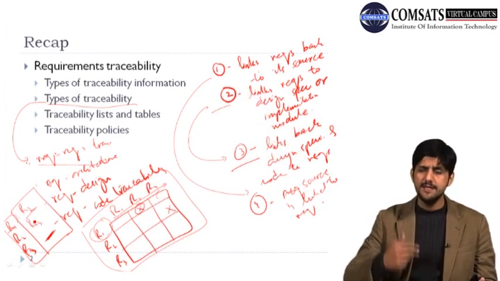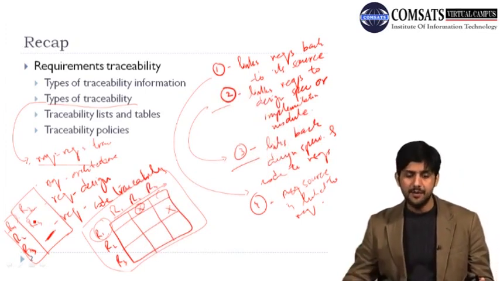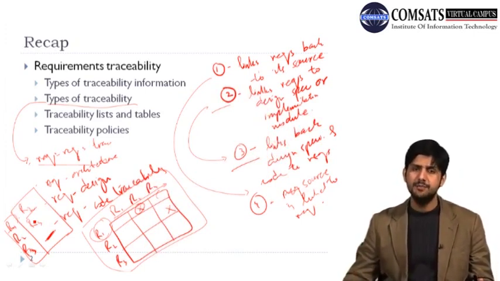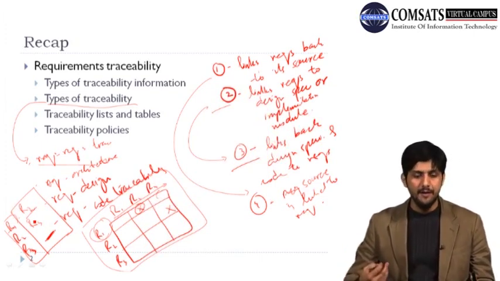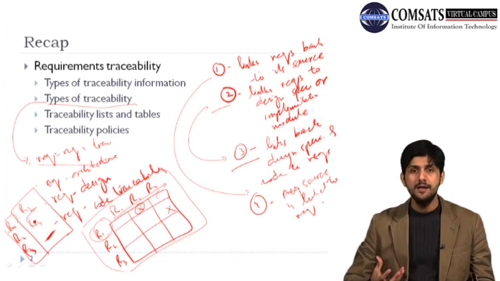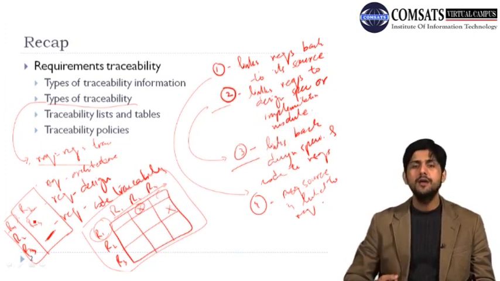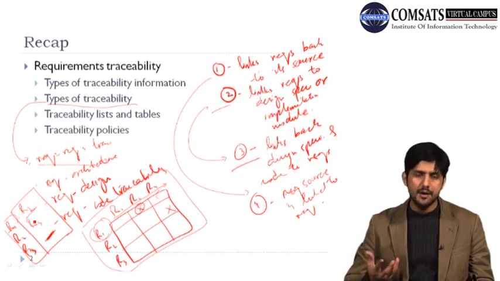So these were the things that we discussed in our previous lecture related to traceability. And as I have said, this is the heart of requirements management. Without maintaining traceability information of your product, you cannot do impact analysis whenever a change comes in. This is the core of change management as well.